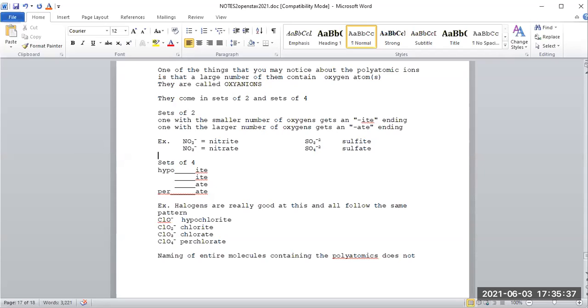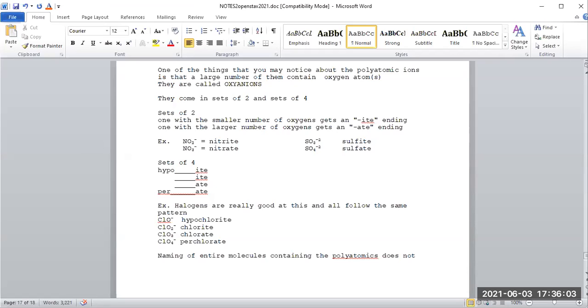Not true. The rule does get obeyed, okay? The one with the smaller number of oxygens has the ITE, and the one with the larger number of oxygens gets the ATE. But larger and smaller are relative. So part of it is learning the pattern.